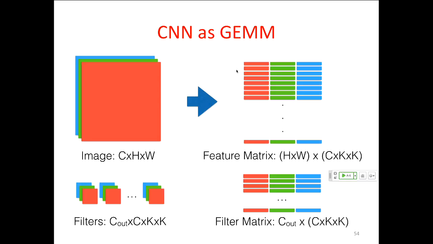You have images here, and you have a bunch of filters, and you can turn these local regions into a bigger matrix, and also pile the filters up into a bigger matrix here. In project 4, we actually do this kind of thing so that you can just view it as matrix multiply.